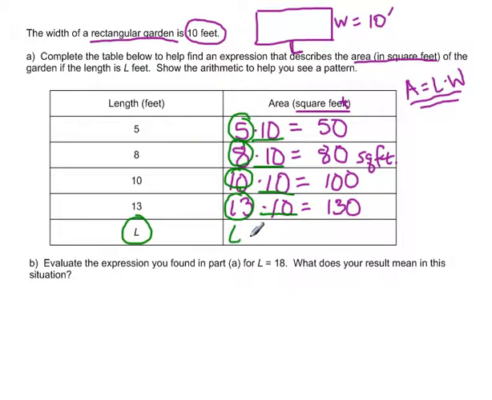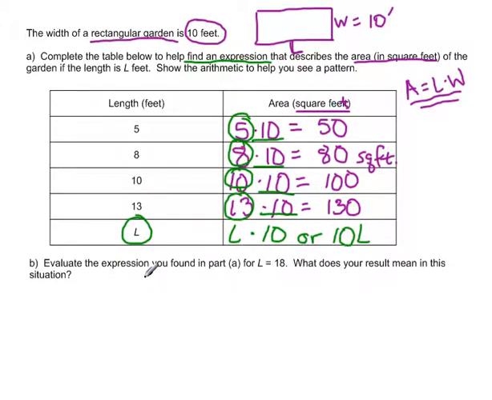We're going to write our final answer as L times 10, and we could also write it as 10L. Either one of those would be a fine way to write our expression. So that's the expression. Remember, up here we were being asked to find an expression.